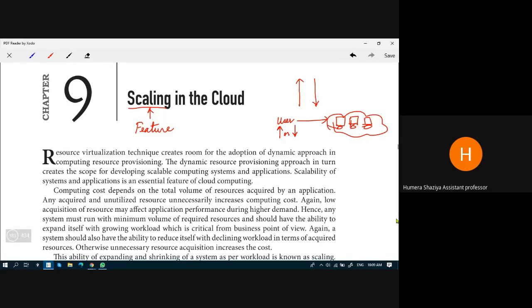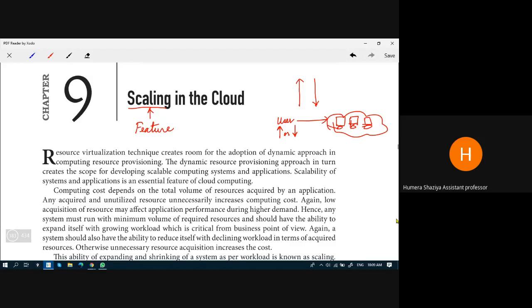In both cases, the system is termed a properly scaled system or not. You can call a system a well scaled system when you are able to do both tasks effectively.